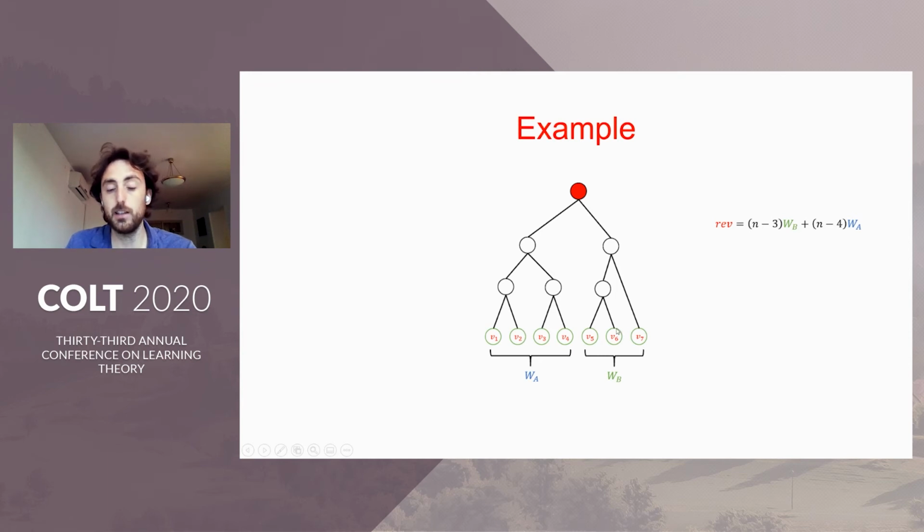And it's pretty clear that if you sum up over these values for every cut in the tree, you get the revenue of the HC tree.